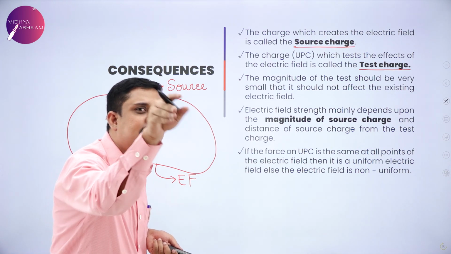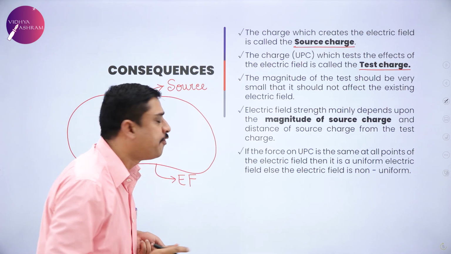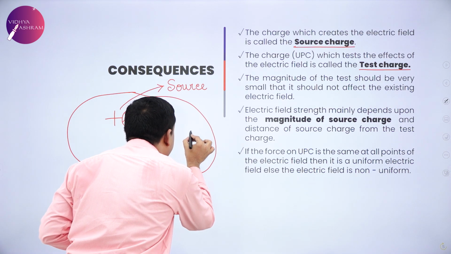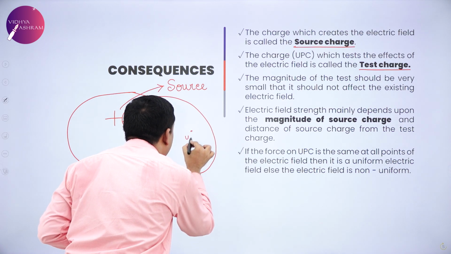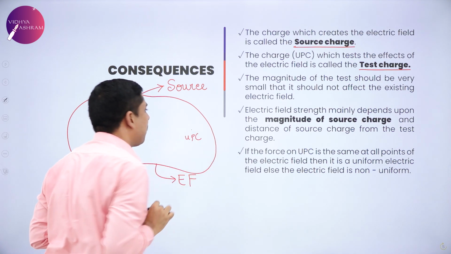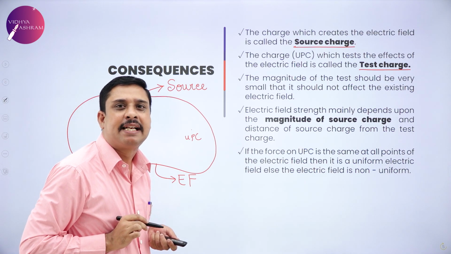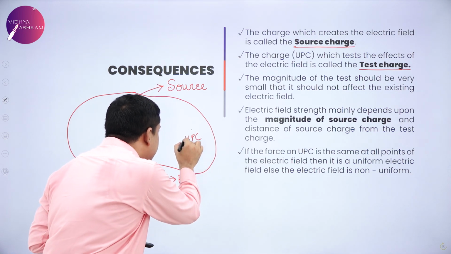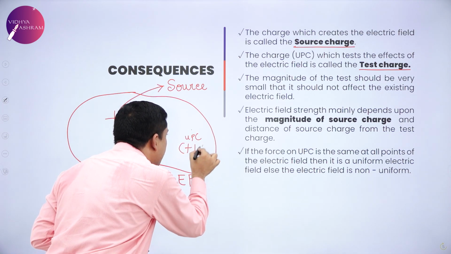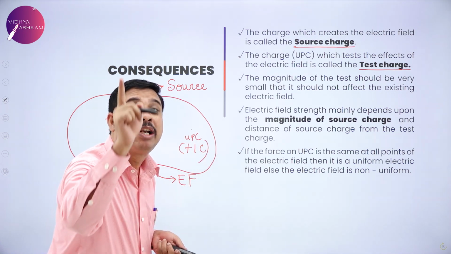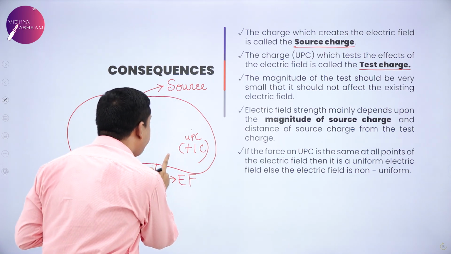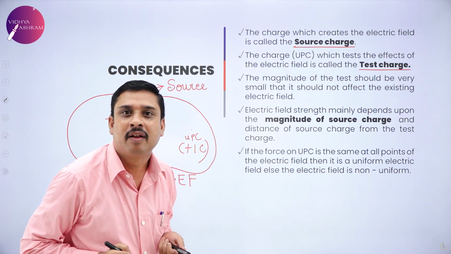How do I test the electrostatic influence? I will place a UPC at some point inside the electric field. What is this UPC plus 1 coulomb charge doing? It will test the effects of this electric field.